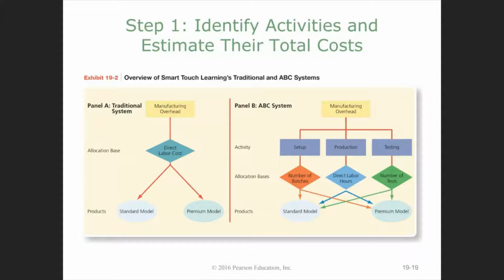We have this overview of Smart Touch Learning, and we're looking at the traditional system and also the ABC system. In the traditional system, we have our manufacturing overhead, the allocation base, which is our direct labor cost, and then for the products, we're looking at the standard model and the premium model.